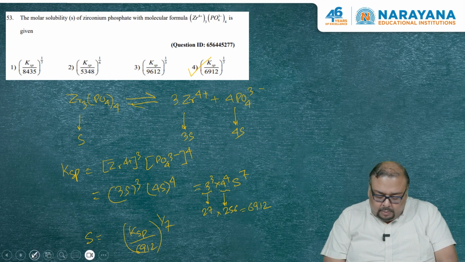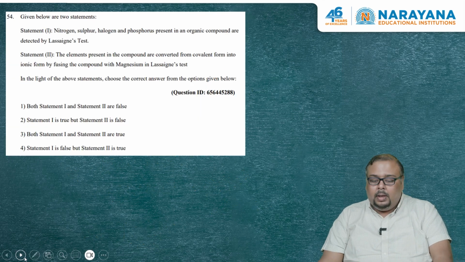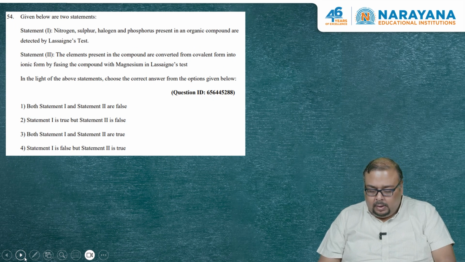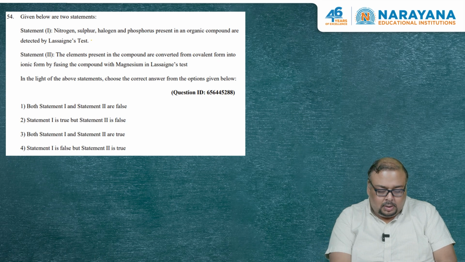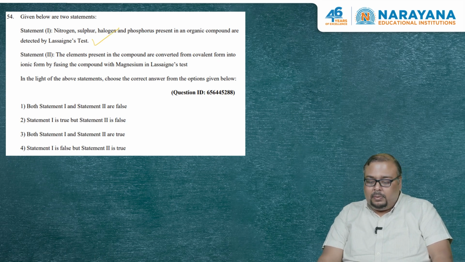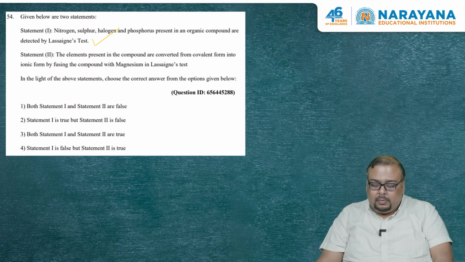Next is question number 54. Okay, given below are two statements. Statement 1 is that nitrogen, sulfur, halogen, phosphorus present in organic compounds are detected by Lassaigne's test. This is a correct statement. While statement 2, elements present in the compound are converted from covalent form to ionic form by fusing it with magnesium.